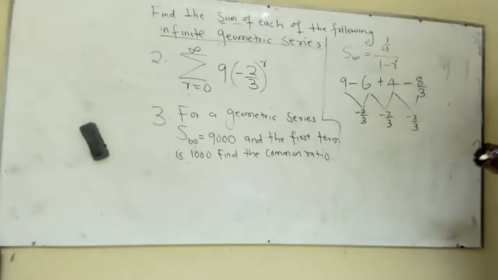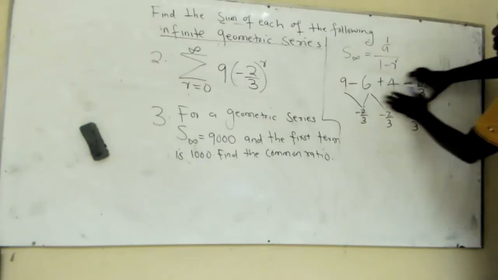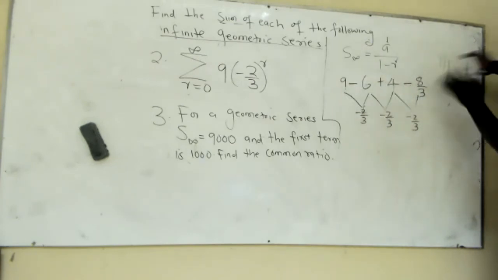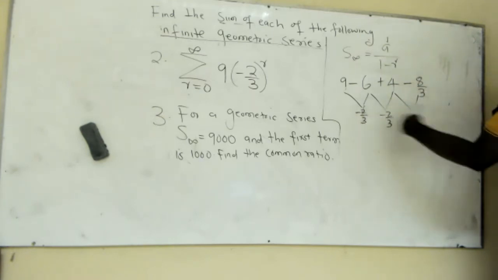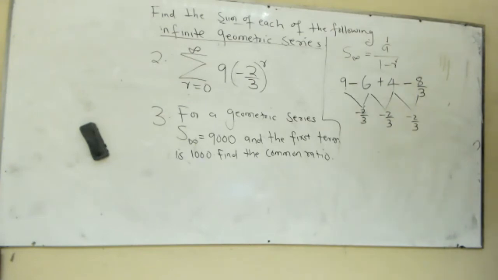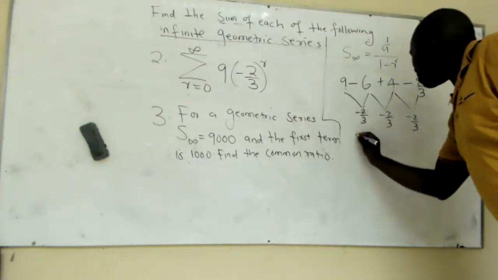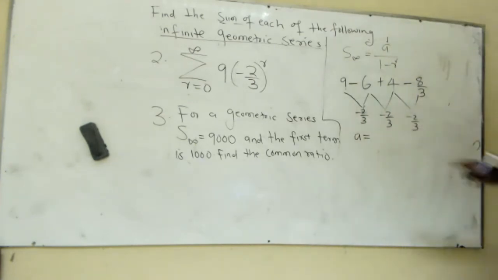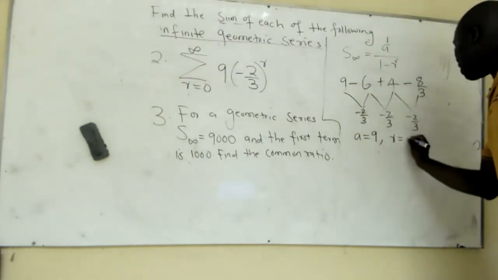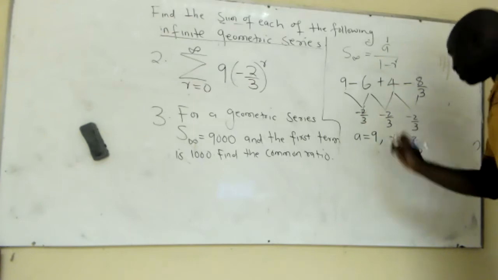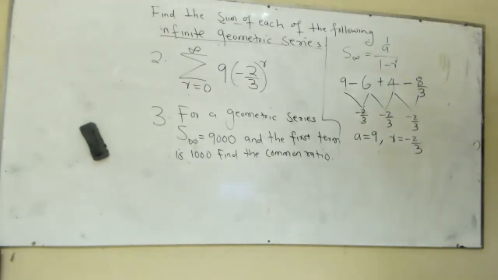If it is not giving you the same answer, it means the series you're dealing with is not a geometric series, because it's only a geometric series when you divide and you get the common ratio. So from this series, you can see that the first term is 9 and r is -2/3. Are we all together up to that point? Yes.